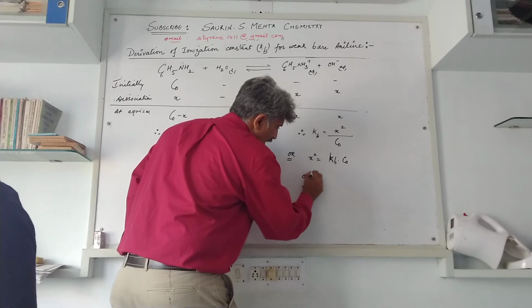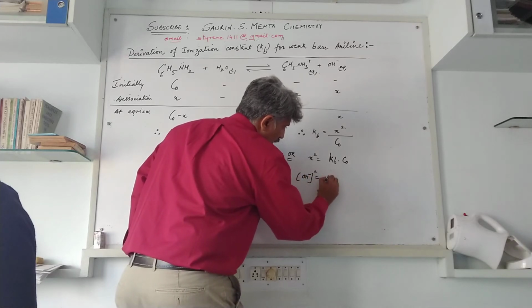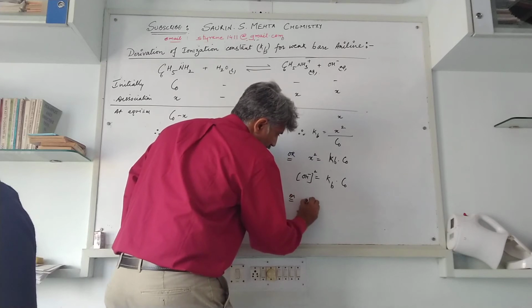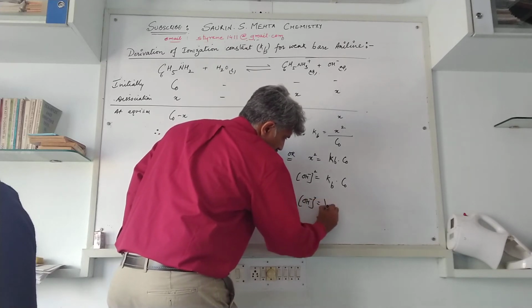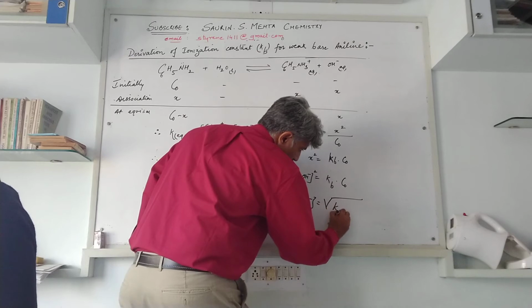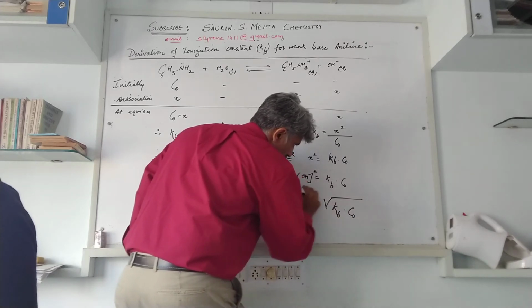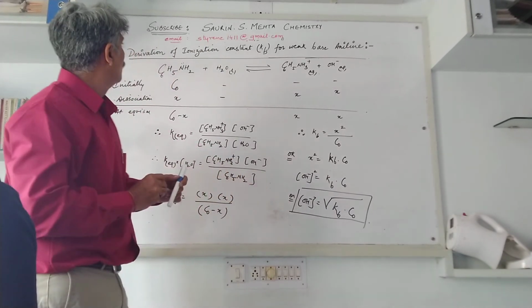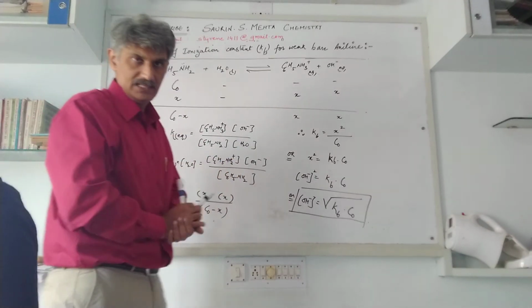So OH ion square is equal to Kb into C0, or I'll write the OH ion concentration is equal to the square root of Kb into C0. So this is how we can derive the OH ion concentration for a weak base like aniline.